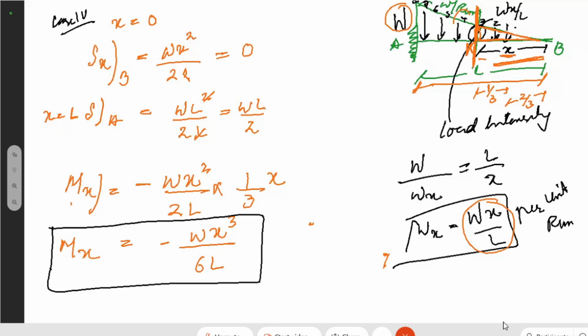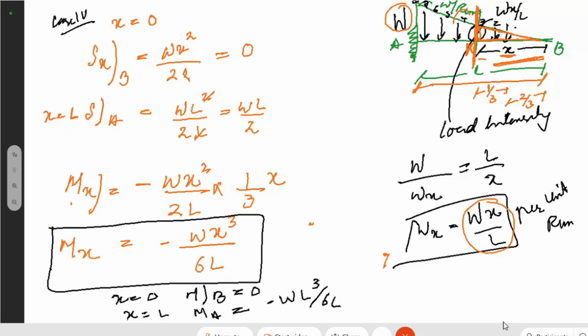Now again, at x equal to 0, your moment at B will be equal to 0. When x is equal to L, your moment at A will be equal to minus W times L cube divided by 6L.